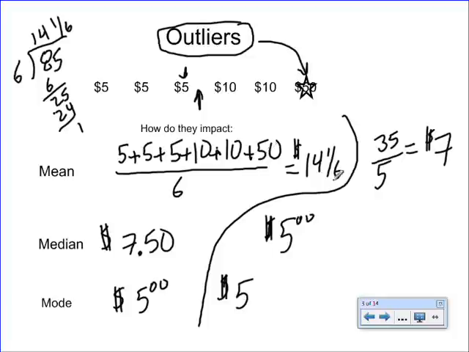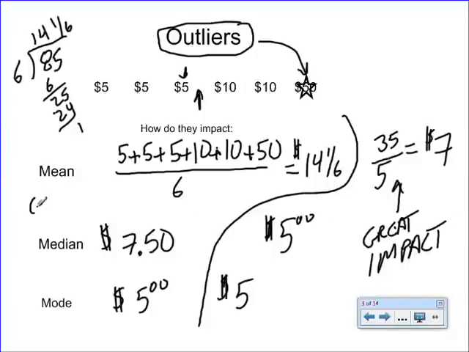If you look at this one, I'm saying that the average person that I interviewed had $14 on them, and gosh, only one person had more than $14 on them. So this $50 guy definitely impacted them. Okay, so outliers have a great impact on the mean.